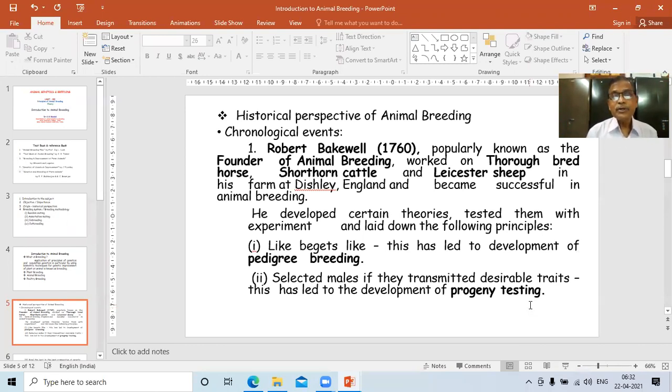There is a story that Robert Bakewell used to lend his male animals, whether cattle, sheep, or horse, to the farmers in the villages around him. So one sire to each village, he gave on loan for breeding purposes.